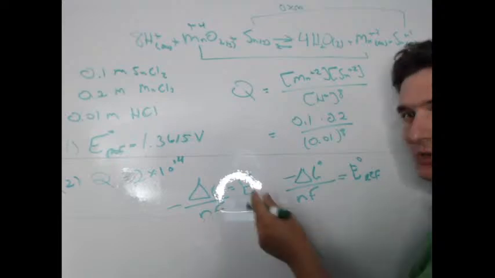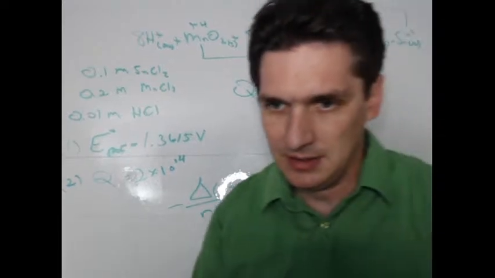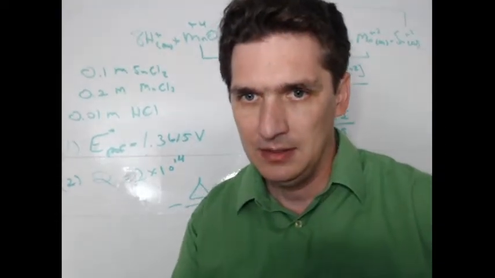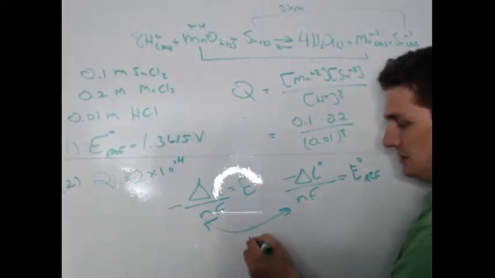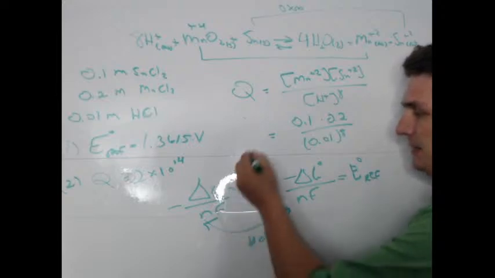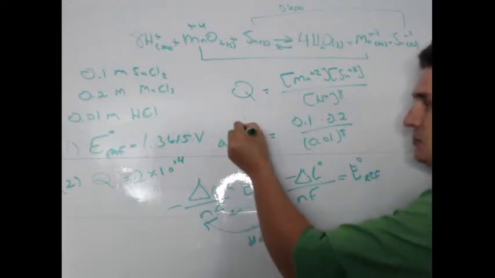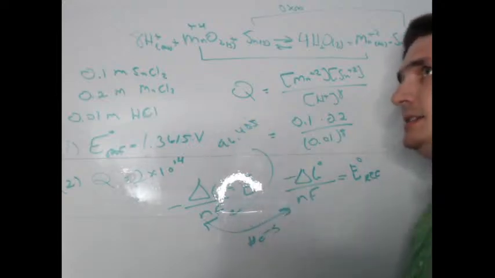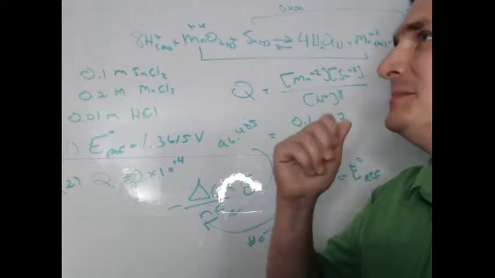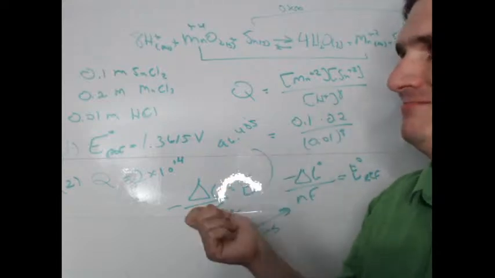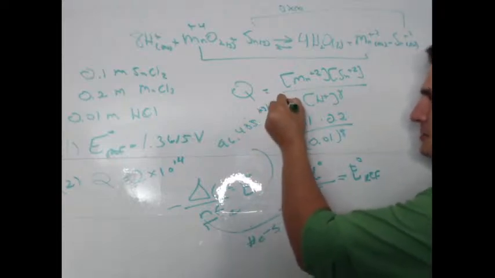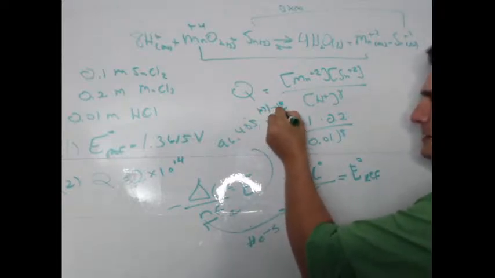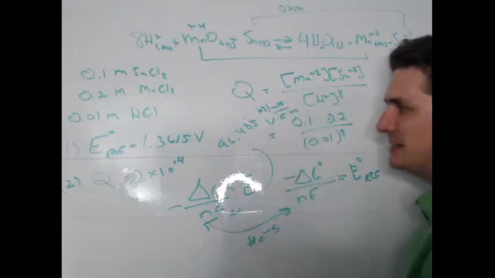In here, N is the number of electrons in the reaction, and F here is Faraday's constant. That's 96.485, in kilojoules per mole volt electron equivalent.